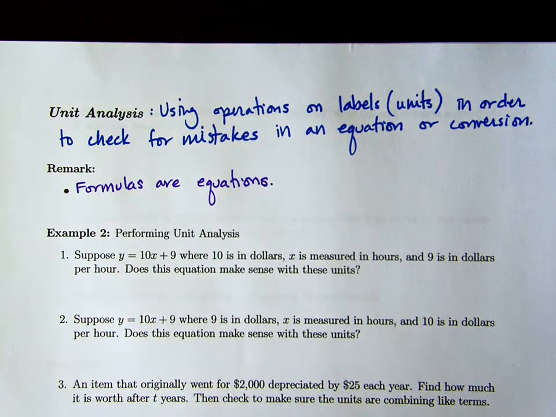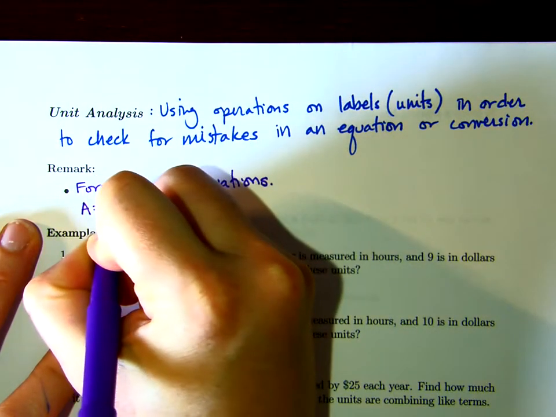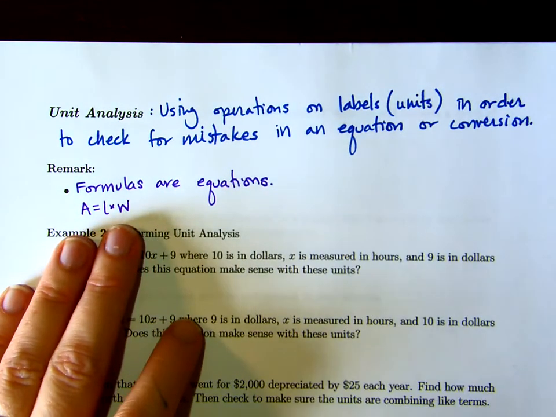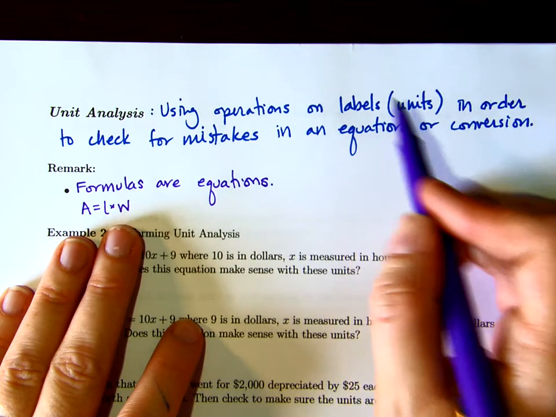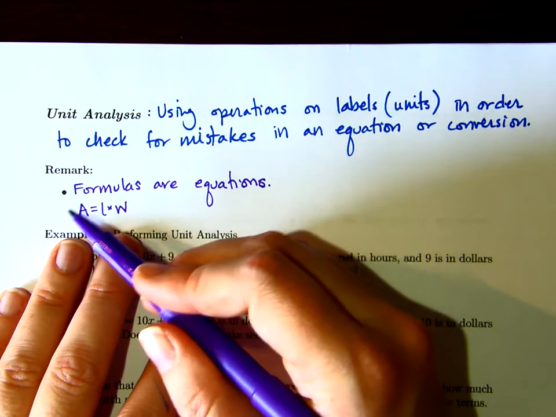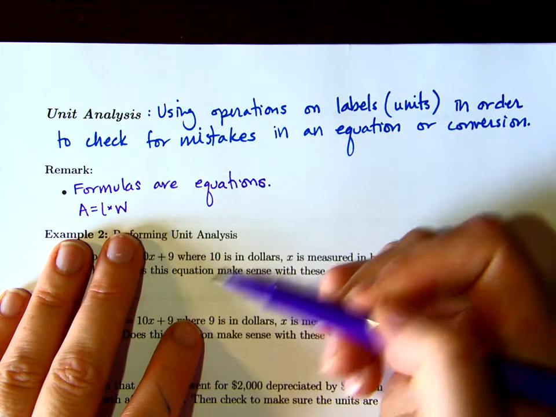So, for instance, area is length by width. Here's a formula. And we would just make sure that all of our units, inches by inches, give area in square inches. But if we had inches and liters, we would know there was a problem.